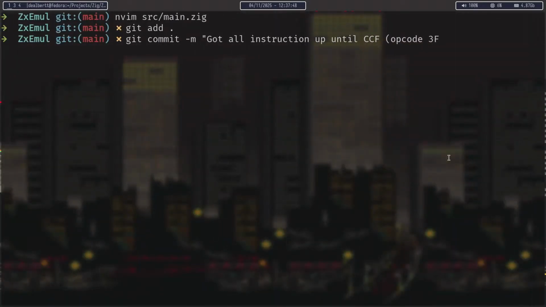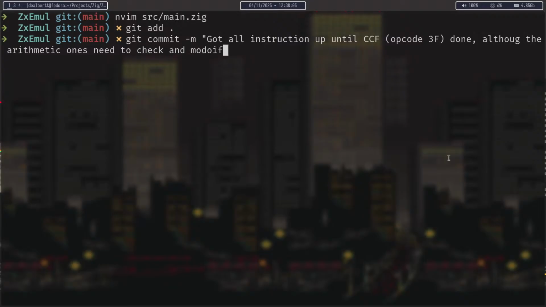Opcode 3F done. Although the arithmetic ones need to be checked and modified for the flags as intended, I guess.